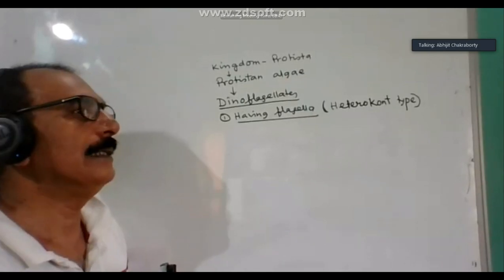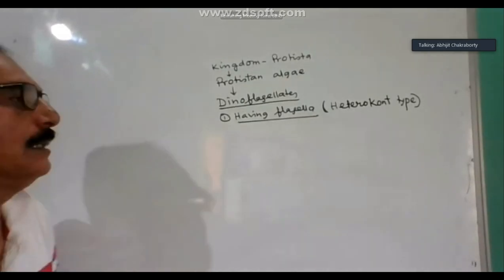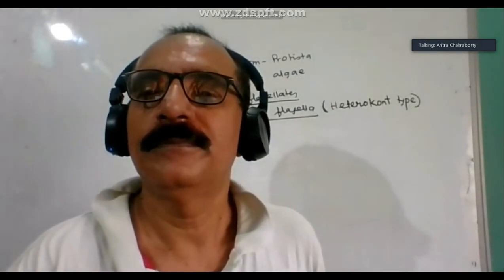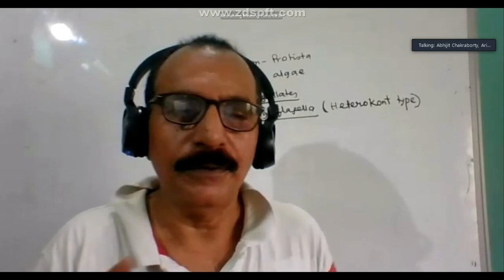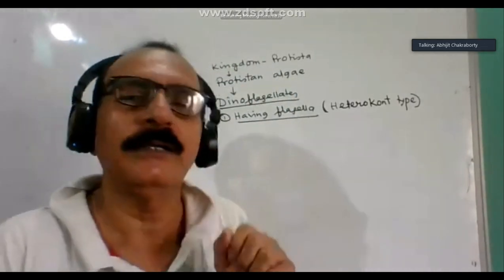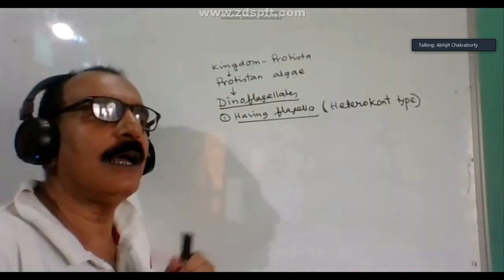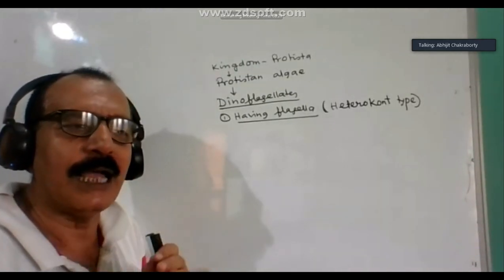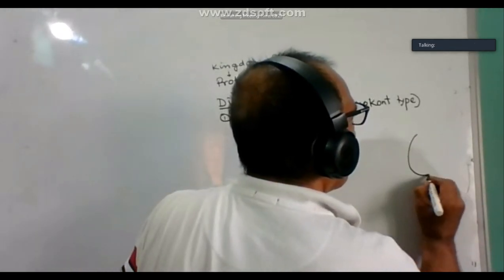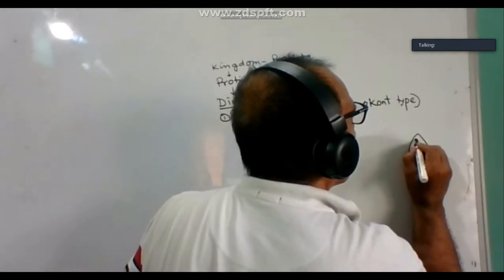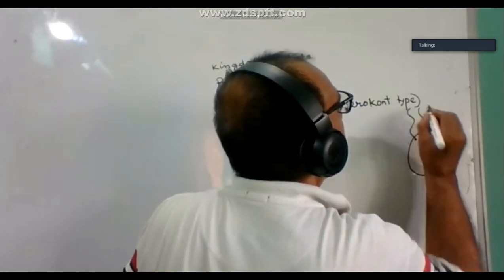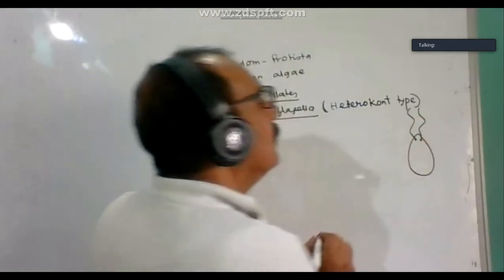Second thing, what about the nutrition? Yes. Sir, please explain the heterocont type again. Look, I am starting from homocont again. Whenever the flagella are found to be of similar size and shape like this, you see, this is one type.